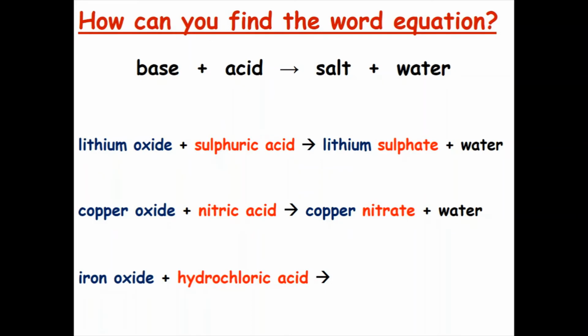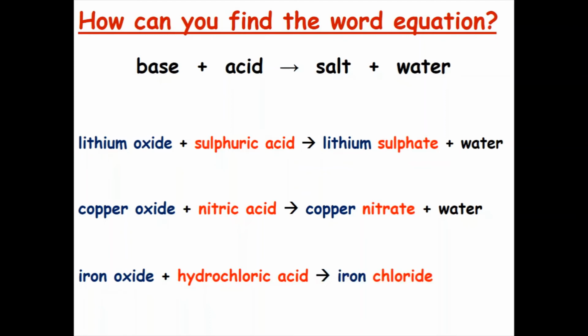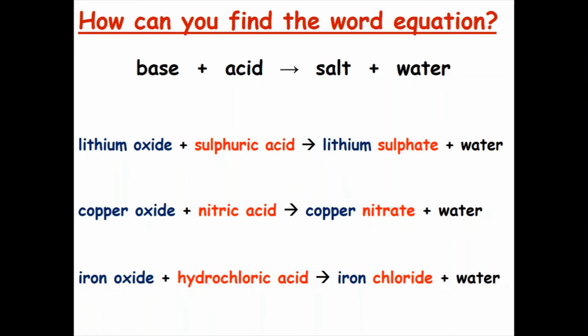Iron oxide plus hydrochloric acid reacts to, and have a go at finishing it yourself. The name for the salt formed in this reaction is iron chloride, and we also have the water.